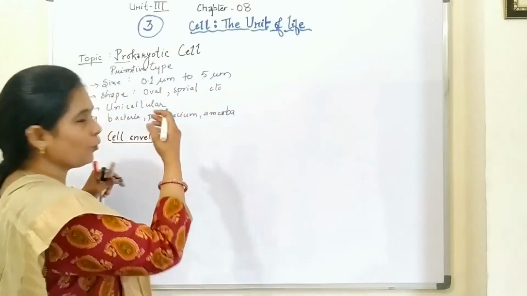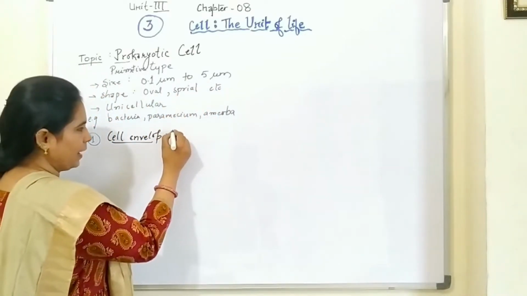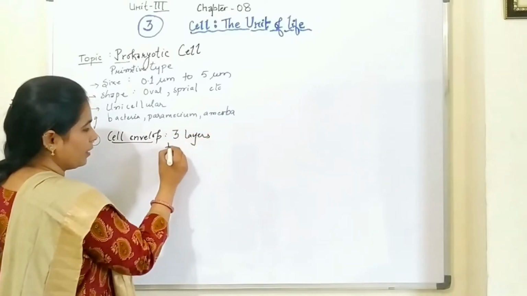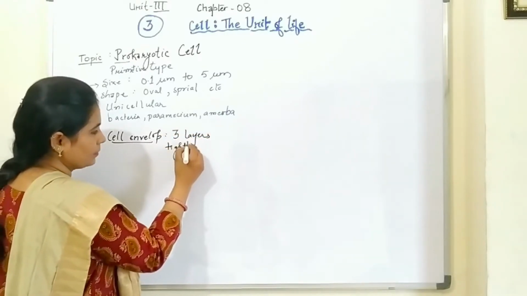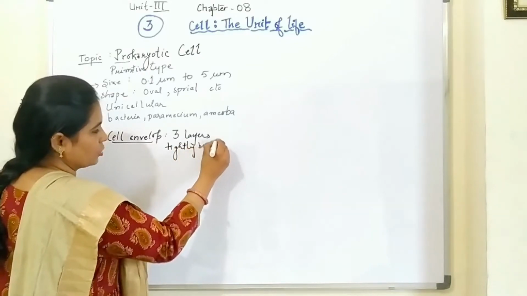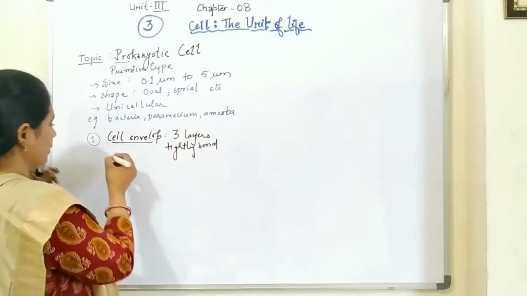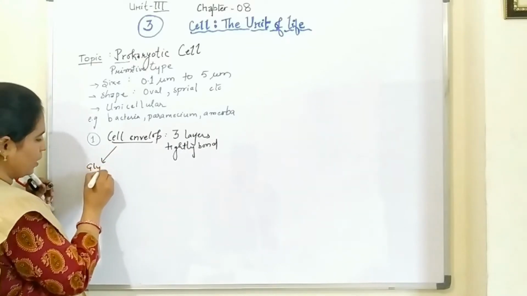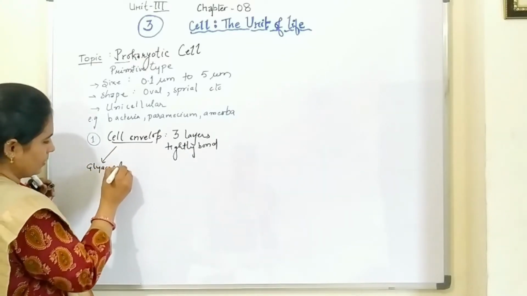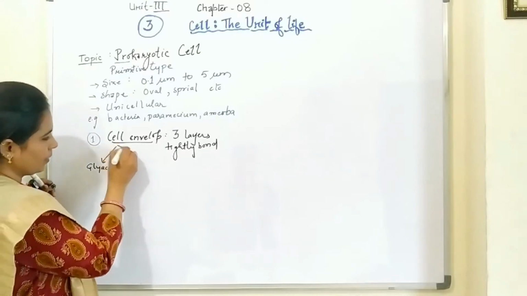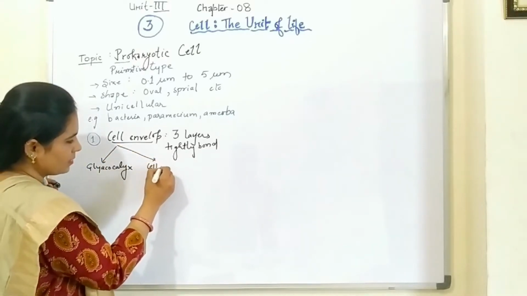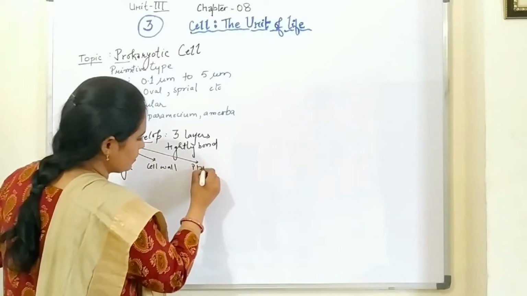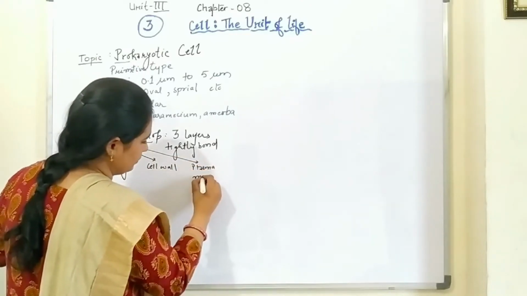So in case of the prokaryotic cell, you will find it is having 3 layers which are tightly bound with each other. And the outermost layer is glycocalyx. Then you will find the cell wall, and the innermost is the plasma membrane.